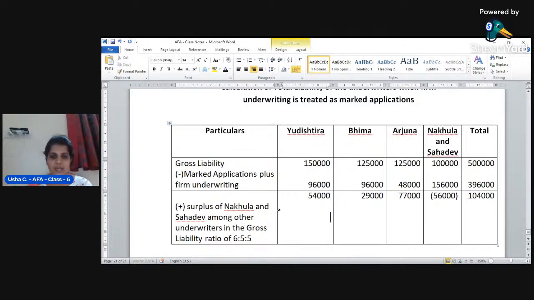This 56,000 into 6 divided by 16 is how much? 21,000, correct? Then 56,000 into 5 divided by 16. It is 17,500.